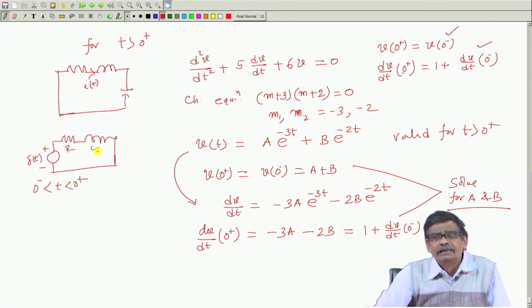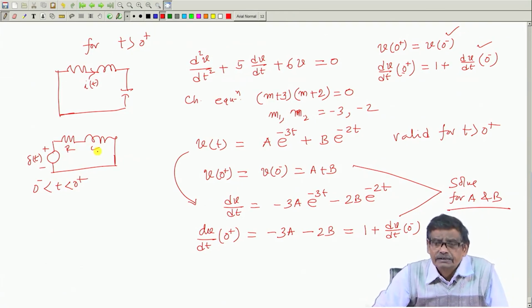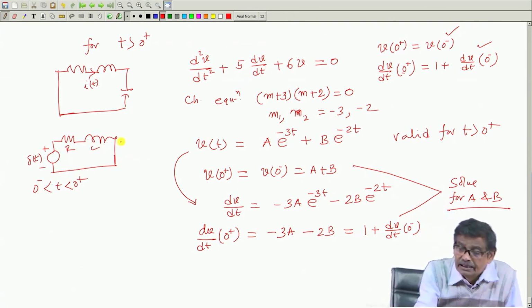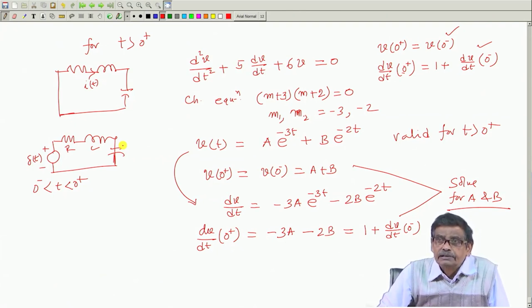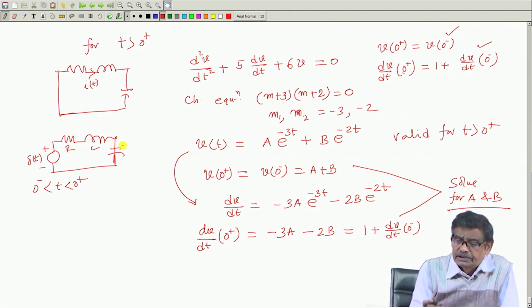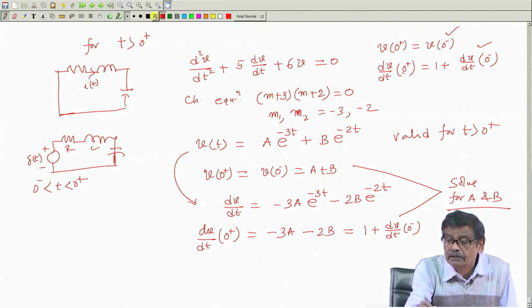At 0 minus, as usual, we knew the boundary conditions, and a capacitor is also there. So, I have to recalculate the initial conditions with physical arguments, that is, which quantity will have a step jump.